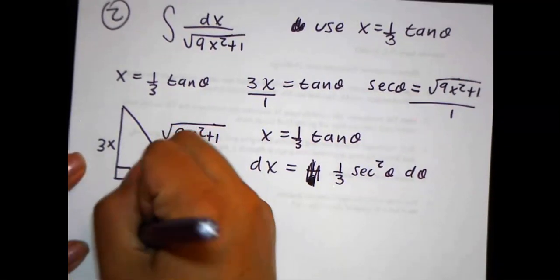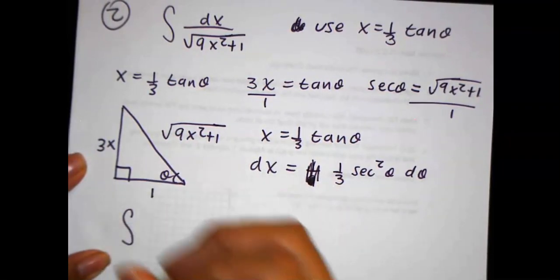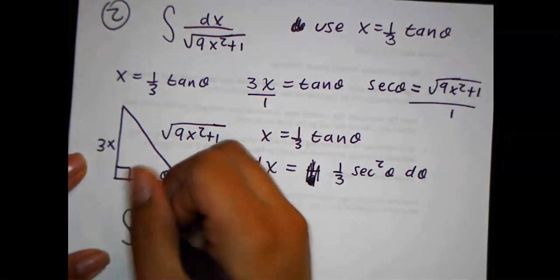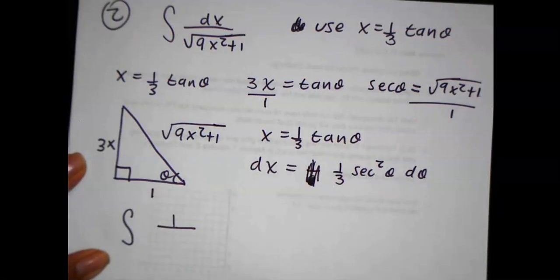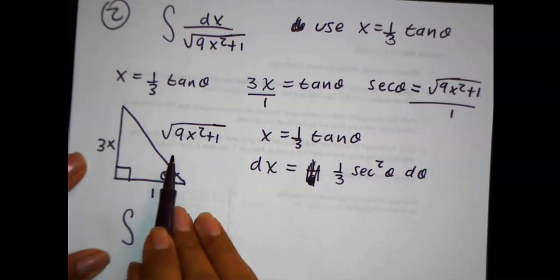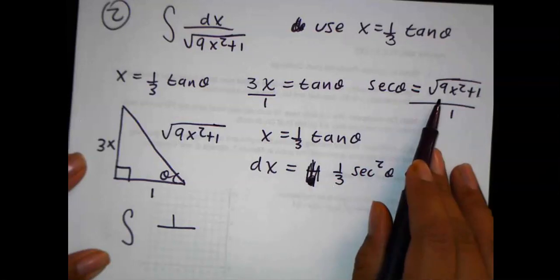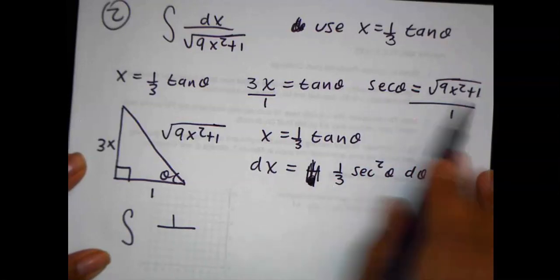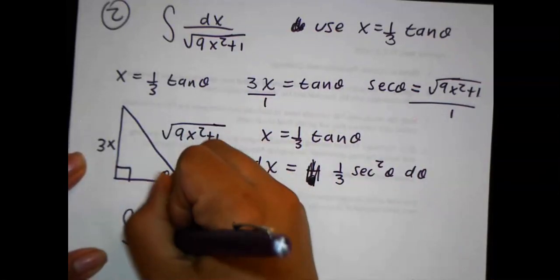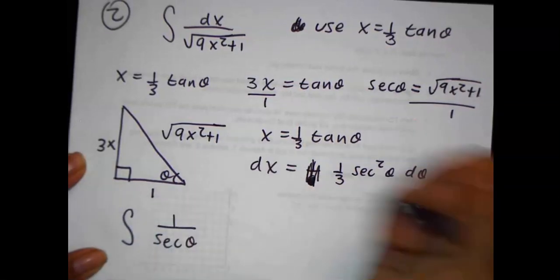So then we have the integral. My dx will be, well, 1 over here. Remember, instead of writing the square root of 9x squared plus 1, which is my denominator, we're going to write secant of theta.